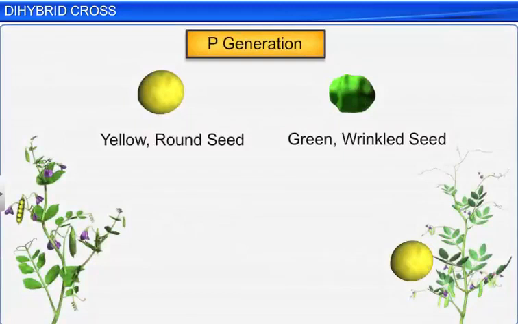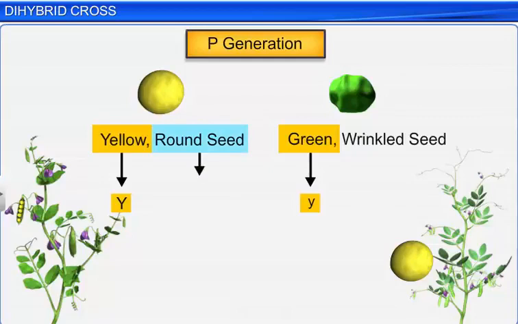Now, in Mendel's dihybrid experiment, let's denote the dominant yellow seed color with the genotypic symbol capital Y and the recessive green seed color with small y. Likewise, let's denote the round seed as capital R and the wrinkled seed as small r.